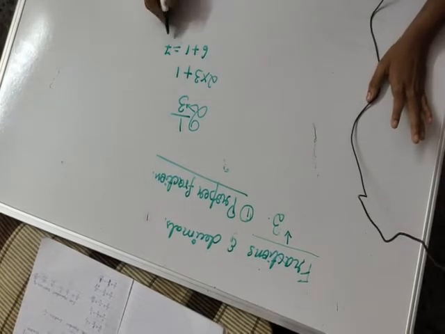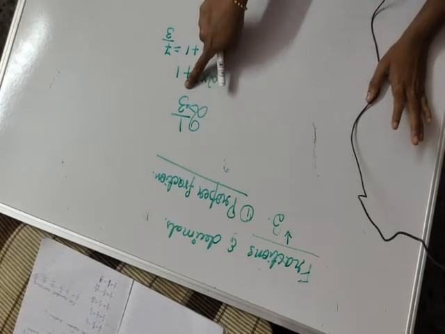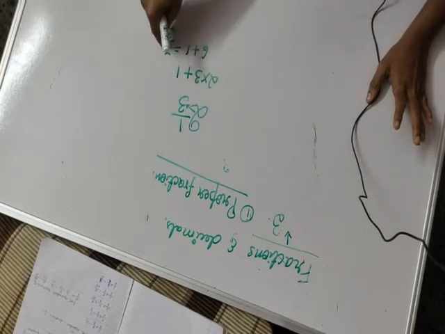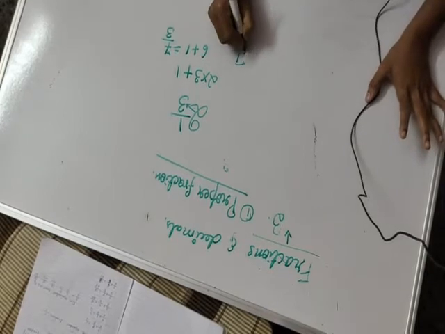But the denominator you have to write the same. Understood? Whole into denominator you have to multiply, then add the numerator. Totally it is 7. Then the denominator as it is, you have to write once again. This is converted to the improper fraction.